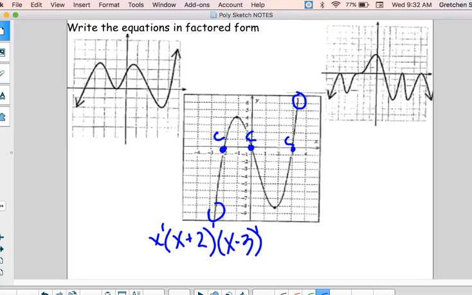Does that graph have a positive or a negative leading coefficient? Positive. So if you don't see anything in front, you assume it's positive, so you don't need to put anything there. Here is our polynomial. That one's pretty basic because they're all just exponents of 1.